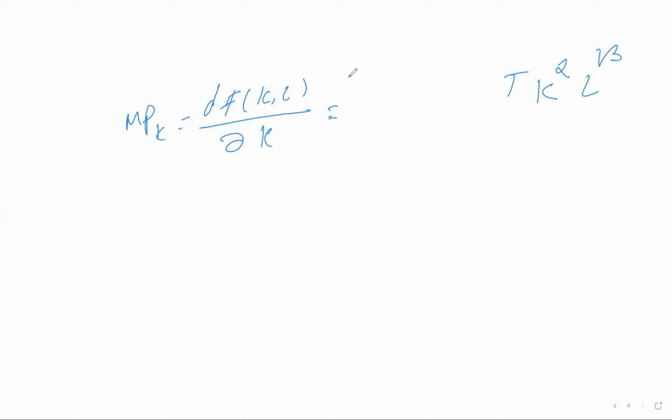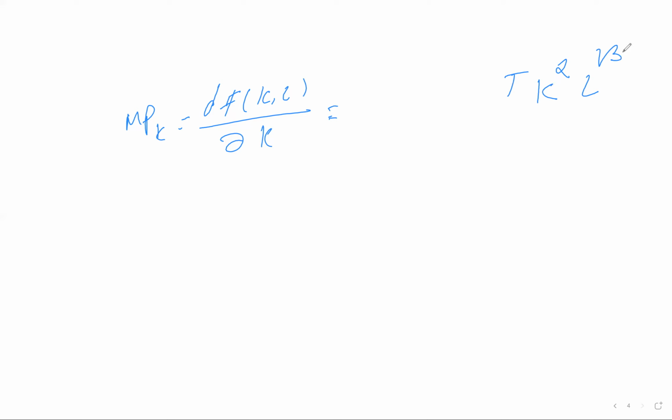We can write this notation in a very simple way. To answer the question, the marginal product of capital is the change in F(K, L) with respect to K, so you take the derivative of the function. Our function was T K to the alpha L to the beta.